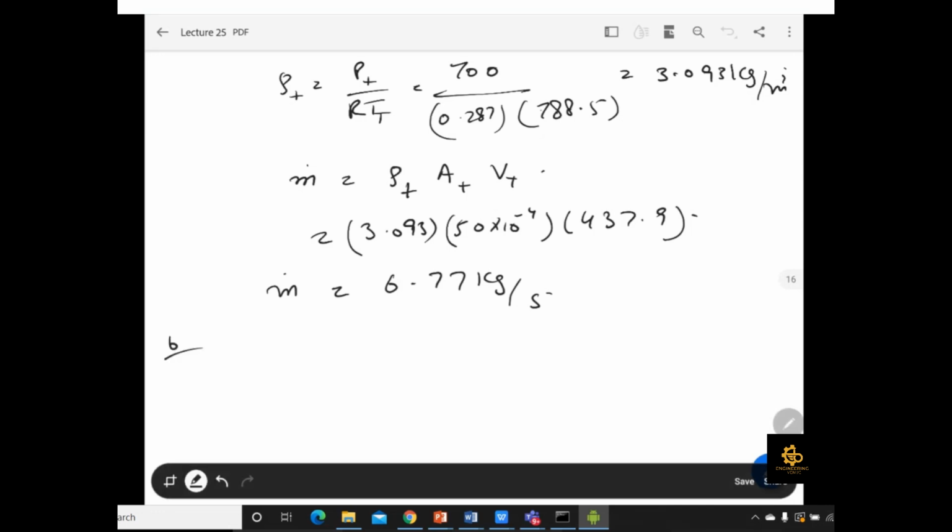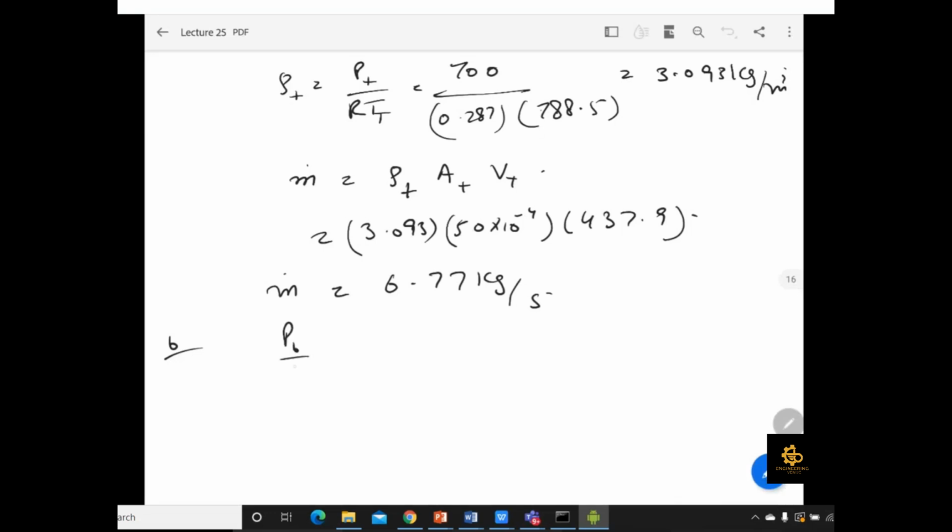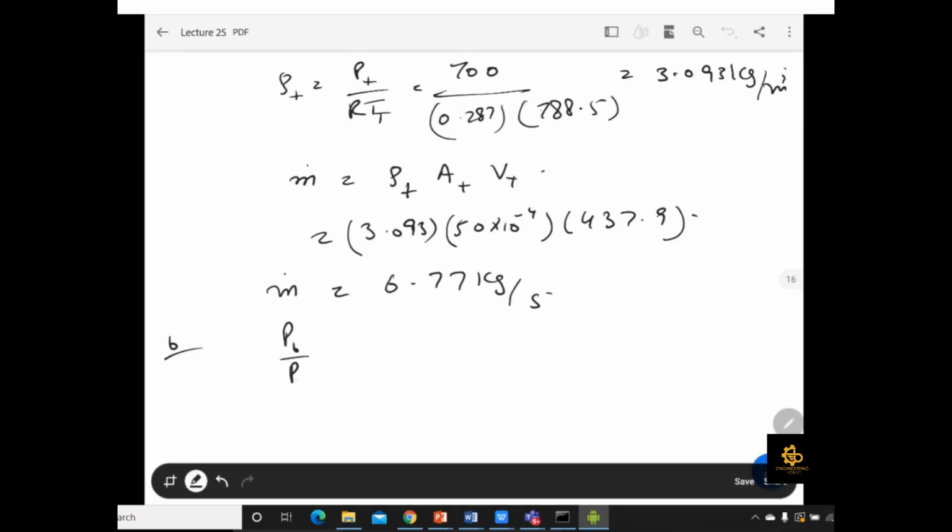In part B, we simply have to reduce the back pressure to 0.4 megapascal, and similarly find the mass flow rate. But the procedure is different. Why? Because we can simply apply the check of back pressure over P naught to see if it is less than the critical pressure ratio.